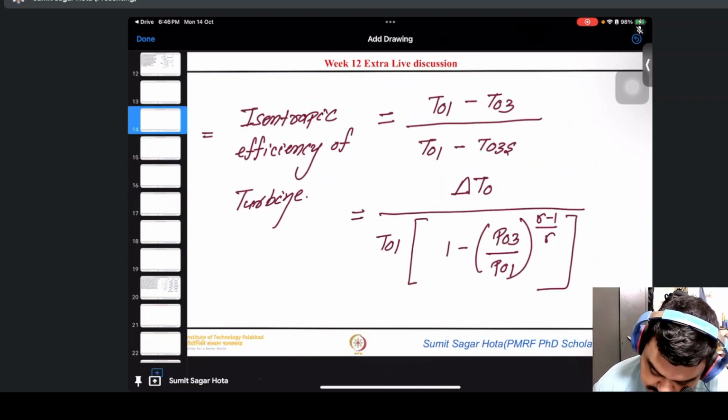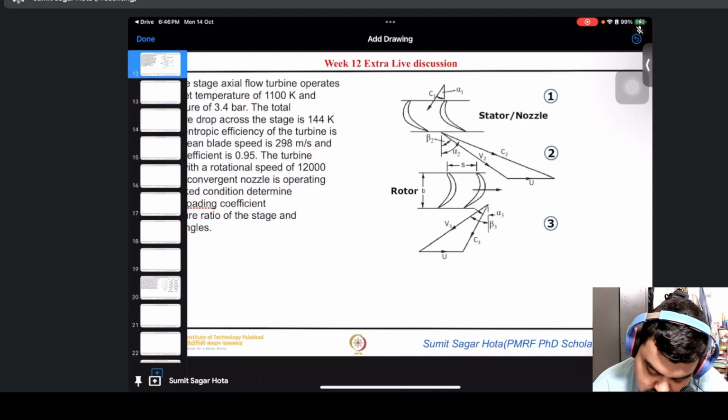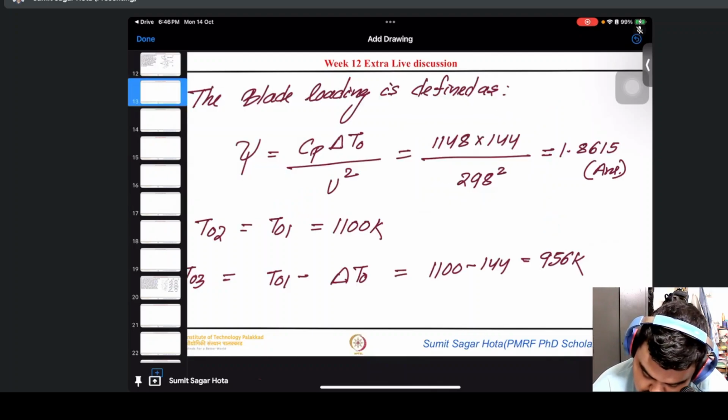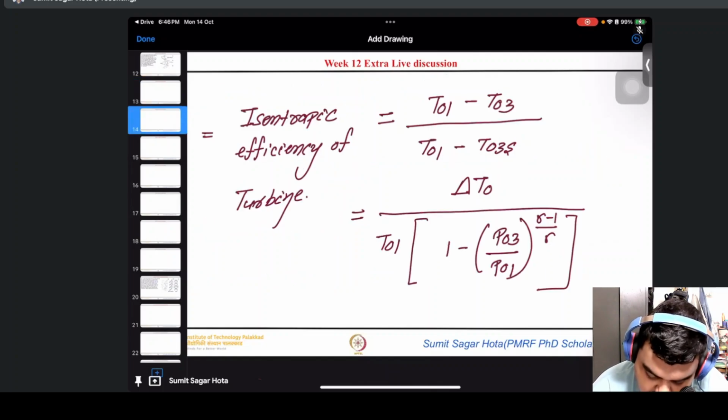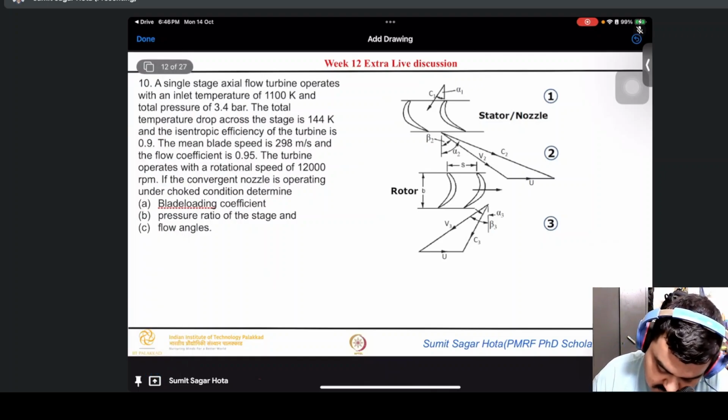P01 is given: the temperature is 1100 Kelvin and the total pressure is 3.4 bar.